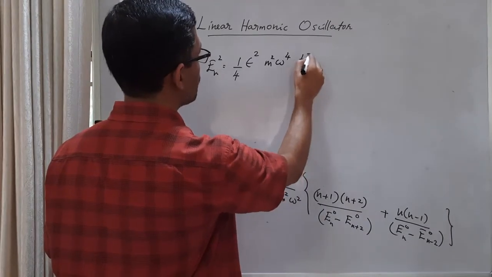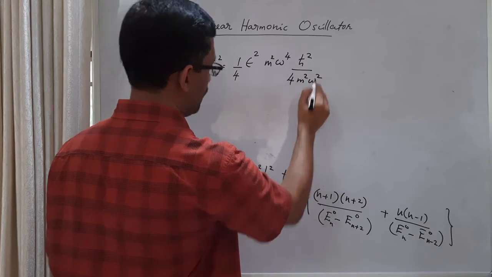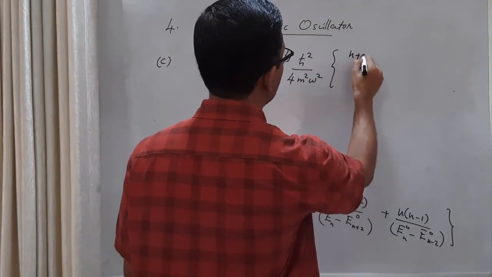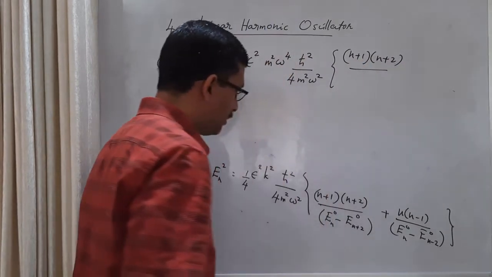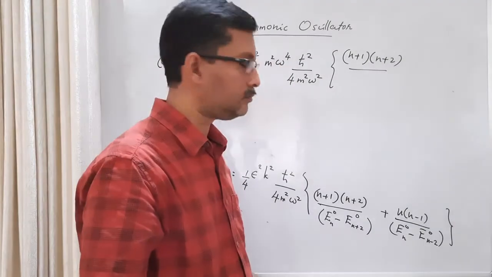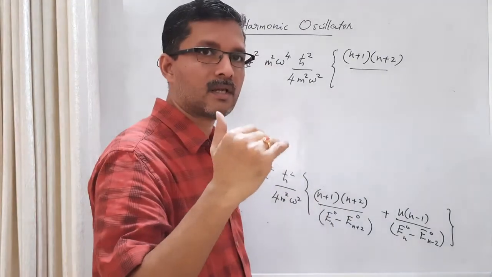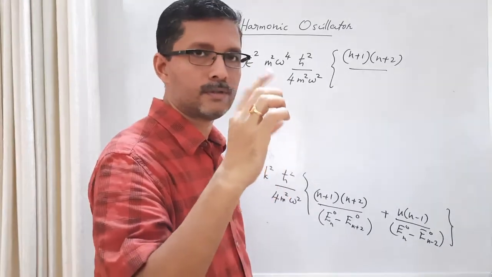Then you have h cross square divided by 4 m square omega square. Then you have n plus 1 into n plus 2 divided by what is En0 minus E n plus 2 0? You remember that the energy levels of the harmonic oscillator are n plus half h cross omega. So n is having values 0, 1, 2, 3, etc.